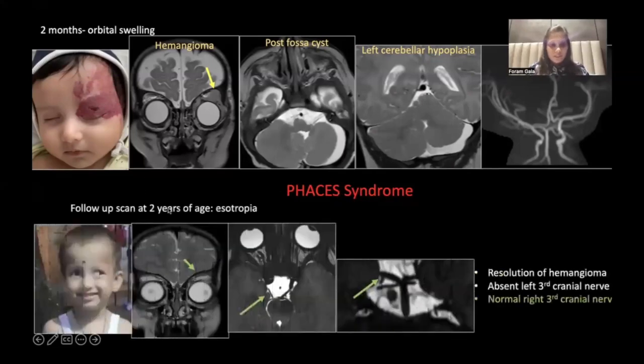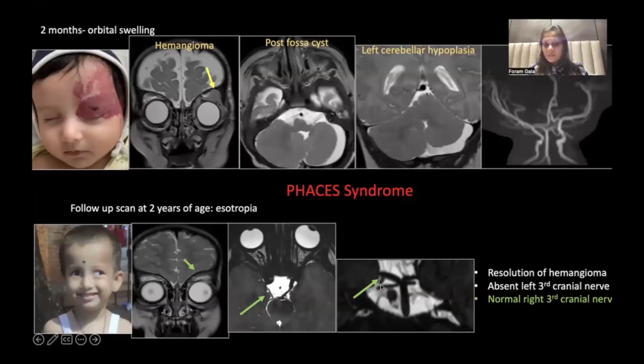Now we followed up this patient, and at 2 years of age, we found there was almost complete resolution of the hemangioma. However, there was left eye esotropia. Again, we see here no evidence of hemangioma, and because of esotropia, we scanned her nerves, and here we see the normal oculomotor nerve on the right side, whereas on the left side, the oculomotor nerve is absent.